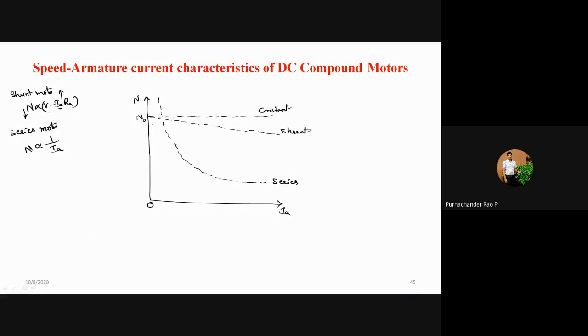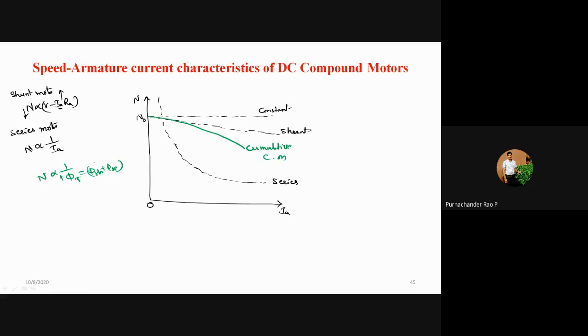For the cumulatively compound motor, again this will be like this, because the speed is proportional to 1 by flux. Phi t is nothing but phi sh plus phi se, and therefore the net flux is increased, and because of this it has a slightly reduced speed as compared to the shunt motor. So this is the cumulative compound motor characteristics.